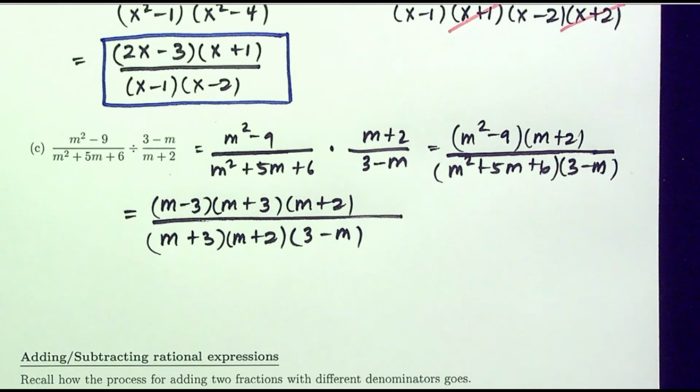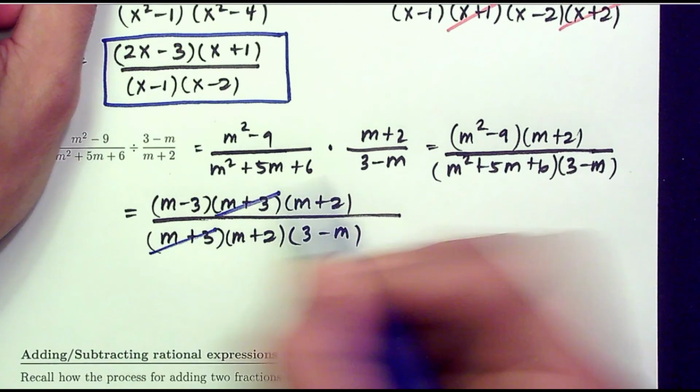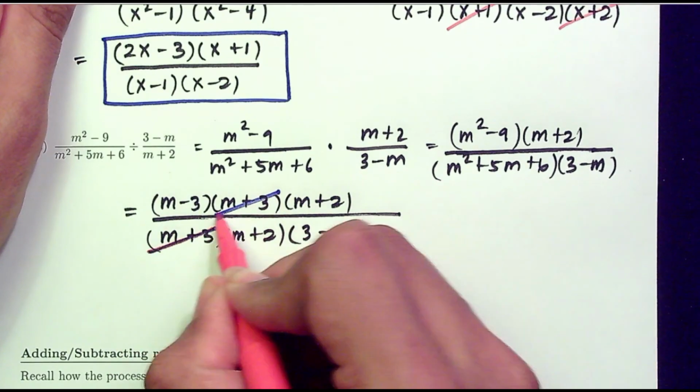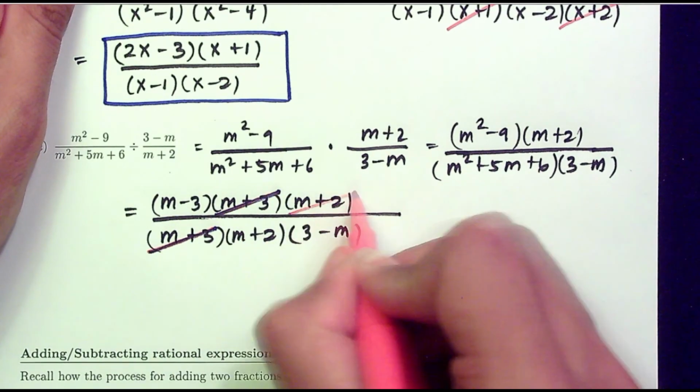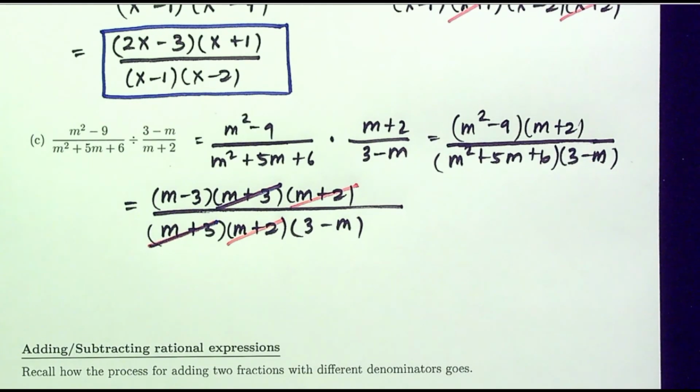Okay, we're going to cancel any repeated factors. m plus 3 cancels with m plus 3, and then m plus 2 cancels with m plus 2. Okay, what is left is m plus 3, m minus 3, and 3 minus m.